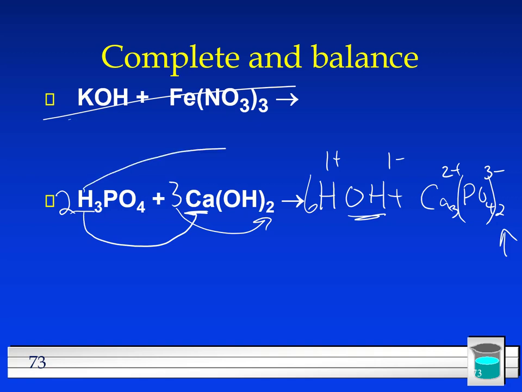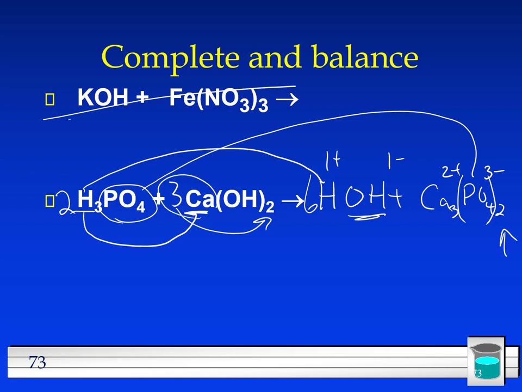It's got 6 H's on both sides, 2 PO4s on both sides, 3 Cas on both sides, and 6 OHs on both sides. See how it's easier to count OHs and PO4s than O's, H's, and P's? Because they're going to stay the same on both sides.